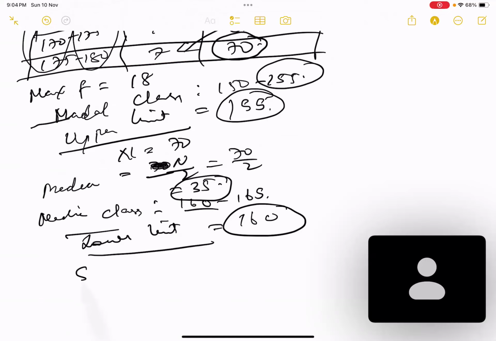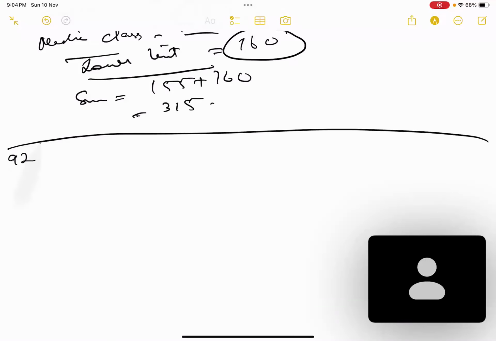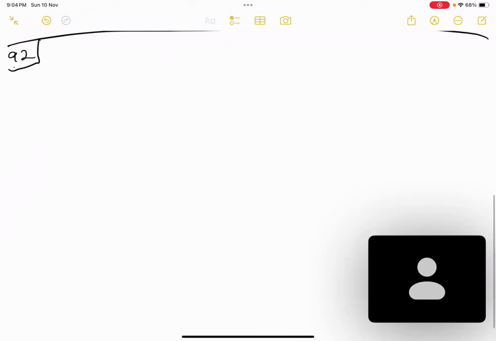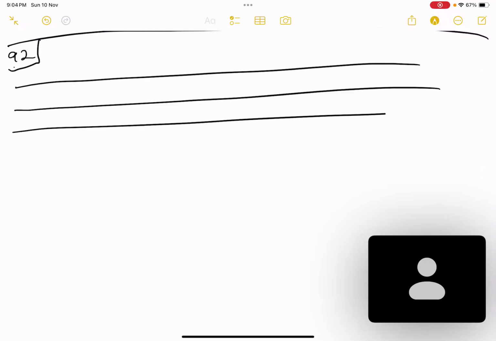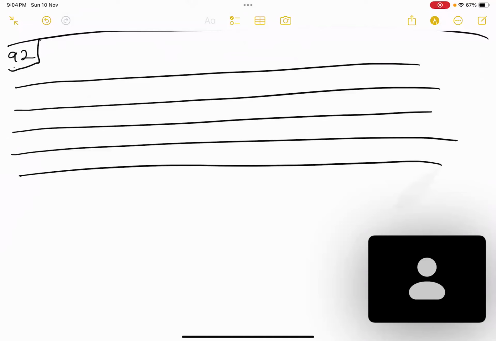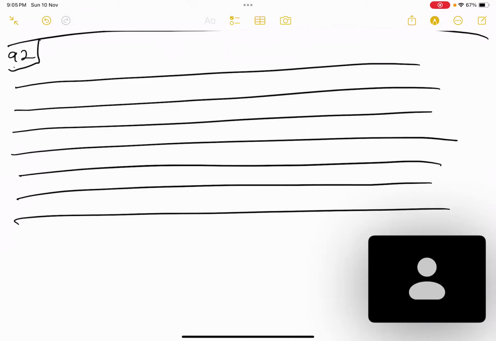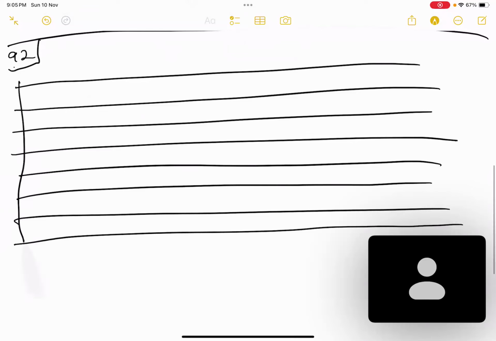Next is question number 92. Here the marks are given as below 10, below 20, below 30, below 40, below 50, below 60.